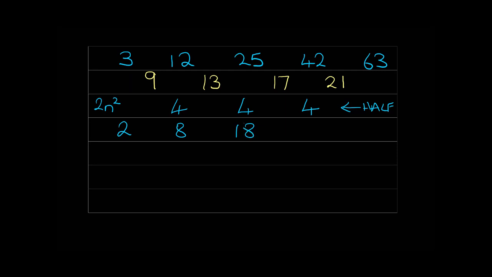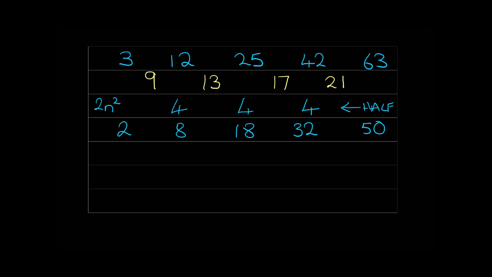When n is 4, n squared is 16, times 2 is 32. When n is 5, then it's n squared, which is 25, times 2, which gives us 50. So n squared would just give us our squared numbers, 1, 4, 9, 16, 25, but we want 2n squared, so we've got all of those numbers doubled.